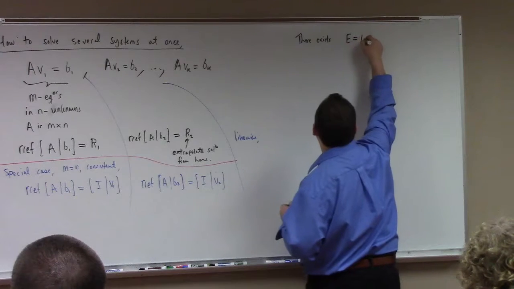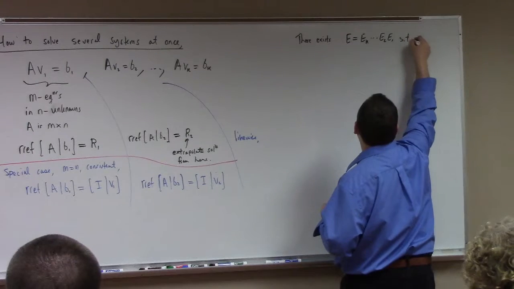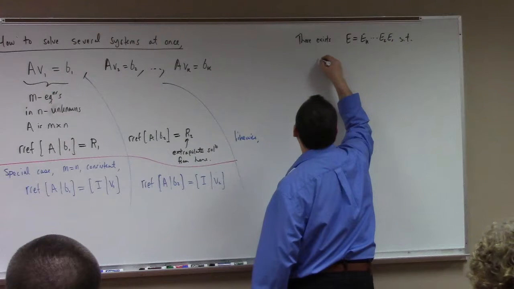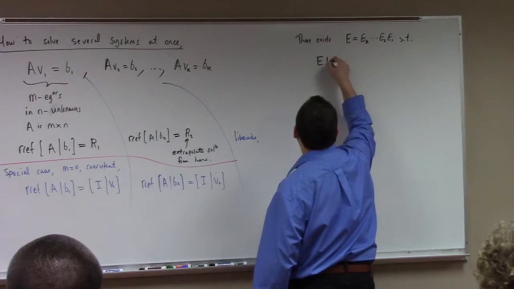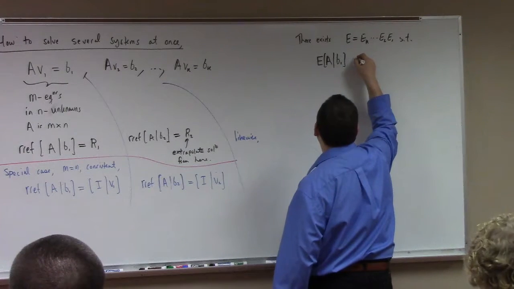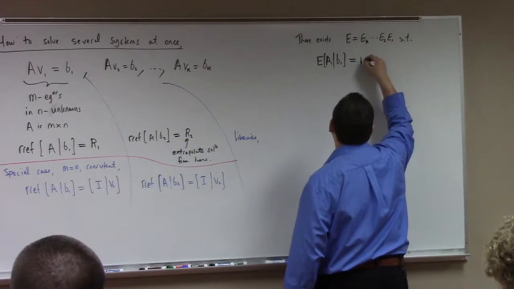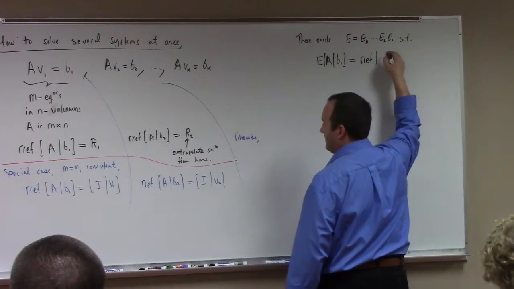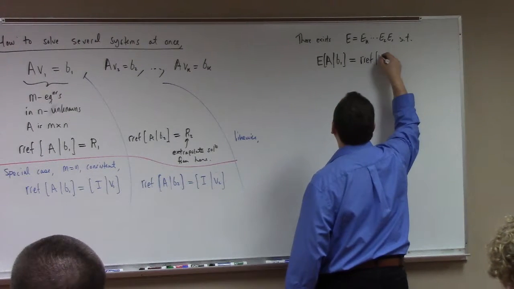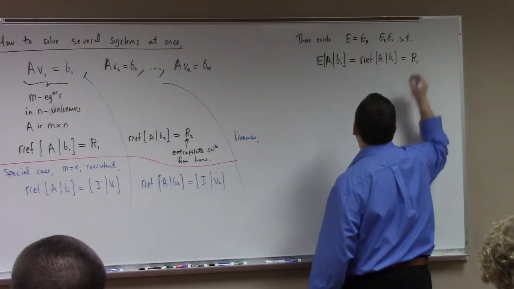E, which again is a product of elementary matrices, such that E times A with B1 slapped onto it gives us this thing. In other words, that's what I've called R1.